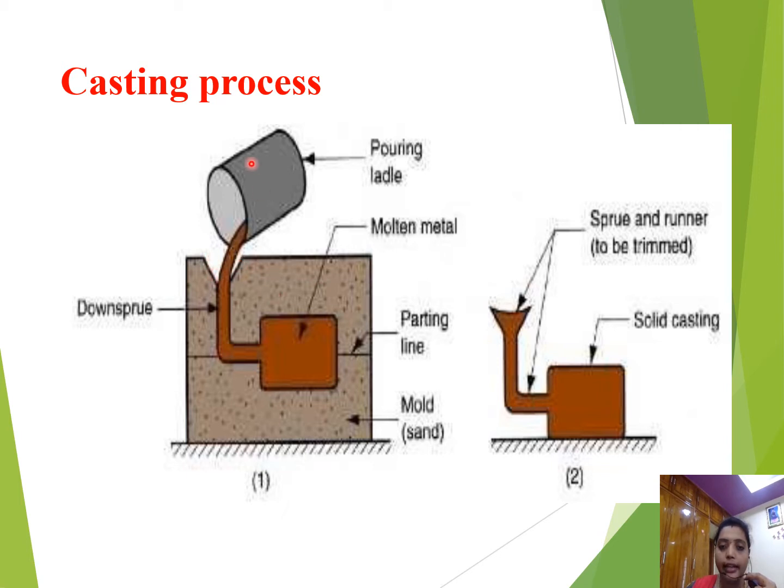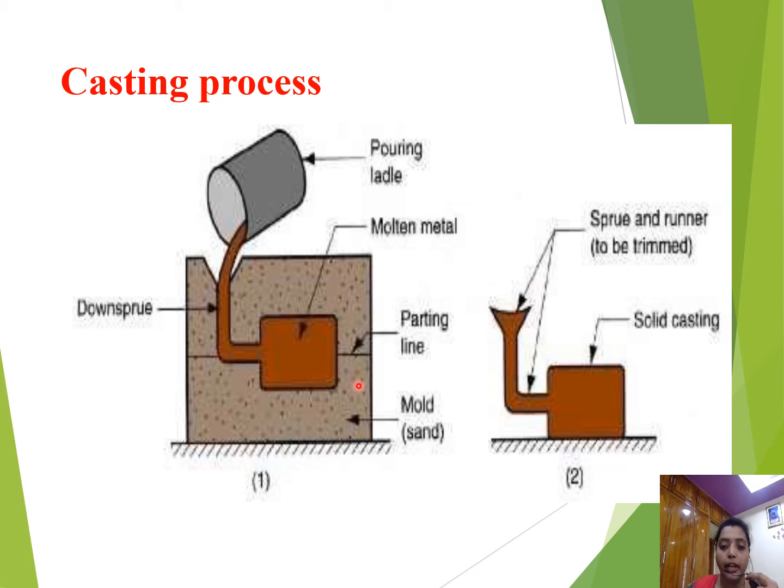This one is the pouring ladle. This brown color one is the molten metal, that means melted raw materials. This line is the parting line, which divides the drag and the cope boxes. The lower box is known as the drag and the upper box is known as the cope.